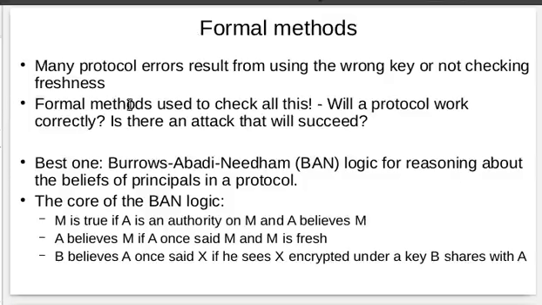They are basically something that a person would use to check if a protocol is working, or it might even be an automated way to prove that a given protocol will work. So the thing you want to check is, will a protocol work correctly, and maybe is there an attack that will succeed, and come up with an attack. So that would be the output of a formal method.